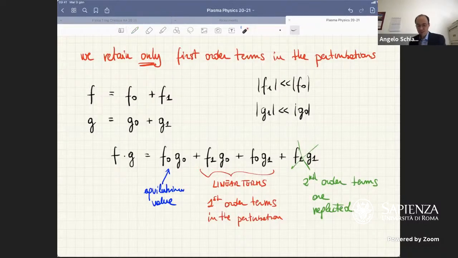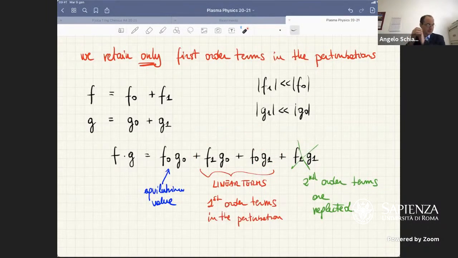By doing this, we'll see that in the wave equation, when we combine different quantities like pressure and density, we have again an equilibrium value for the product. Then we have two contributions that mix the perturbation of one quantity with the equilibrium value of the other, and vice versa. These are the terms that actually give rise to the wave phenomenon, the terms that we are going to retain.